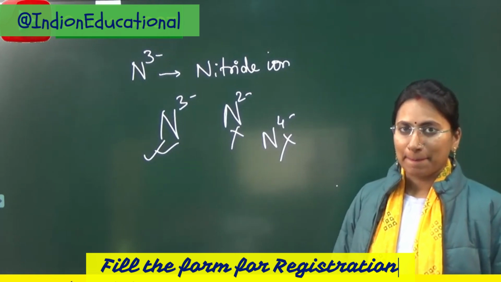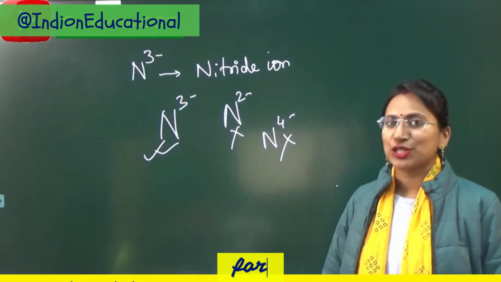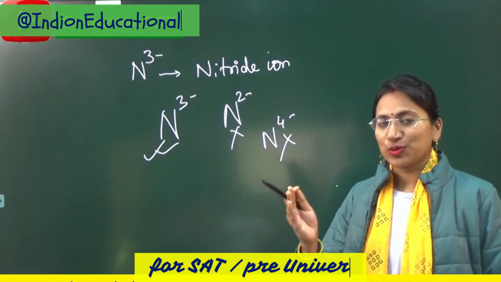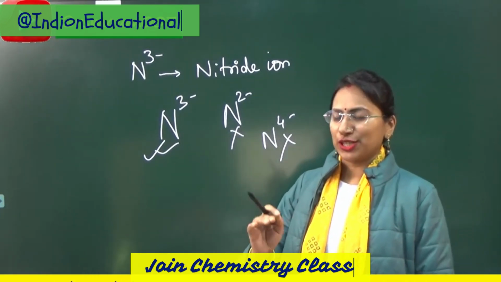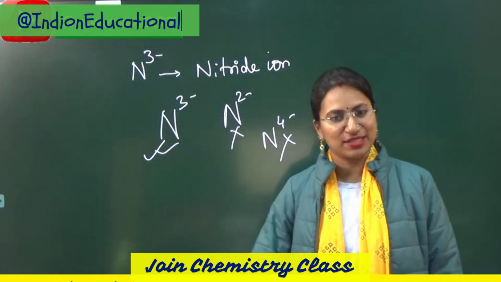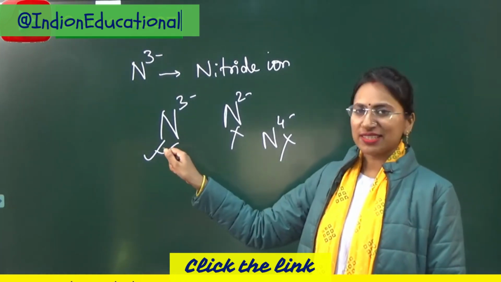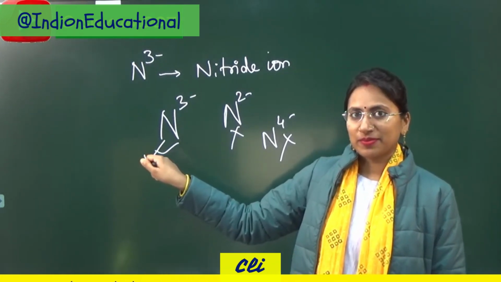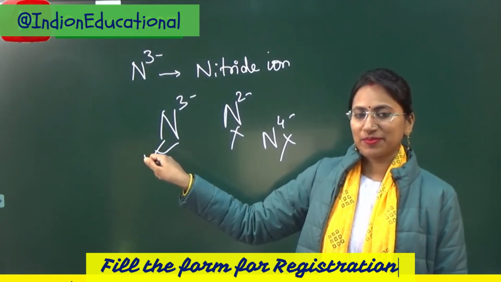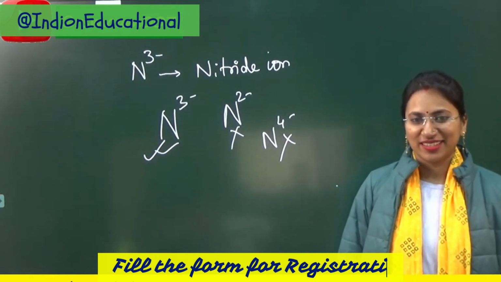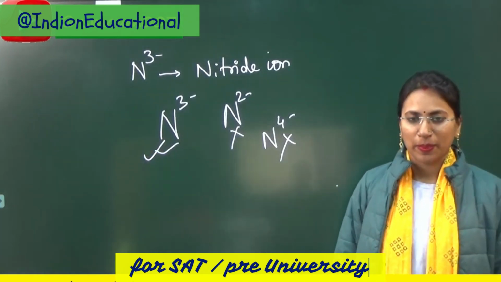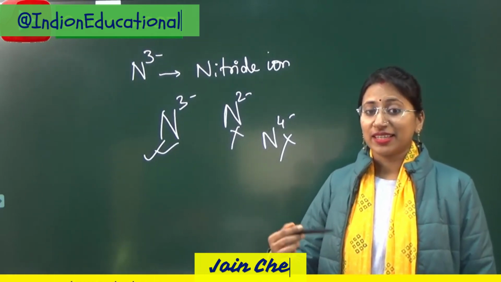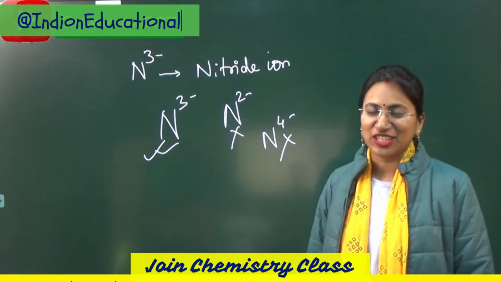Because it gains 3 electrons to attain an octet, to attain the stable electronic configuration of its nearest inert gas. And the nearest inert gas with respect to nitrogen is neon, correct?